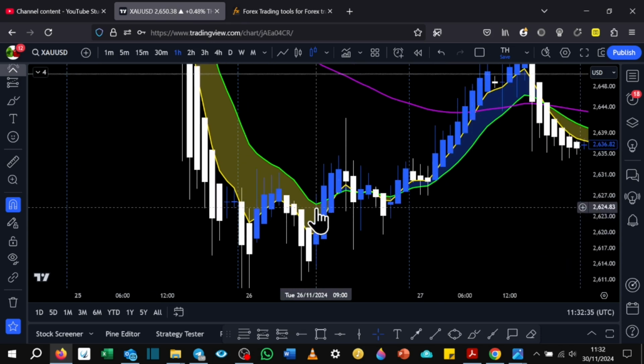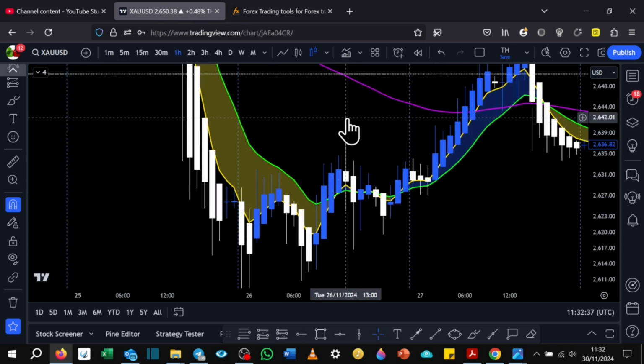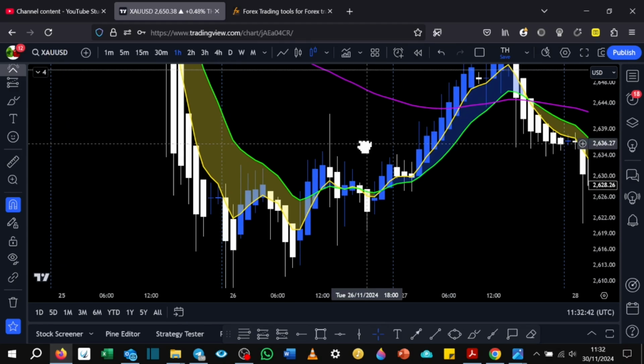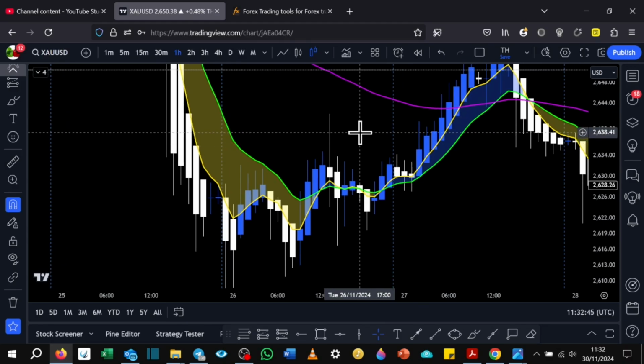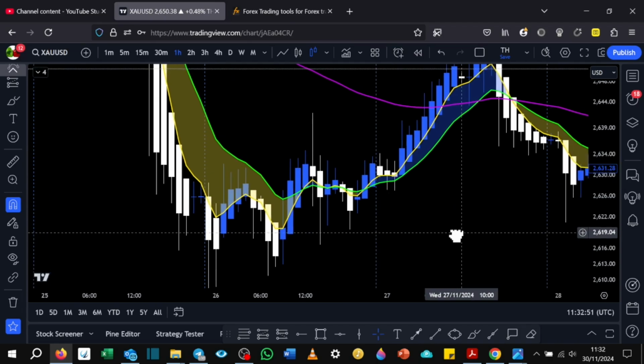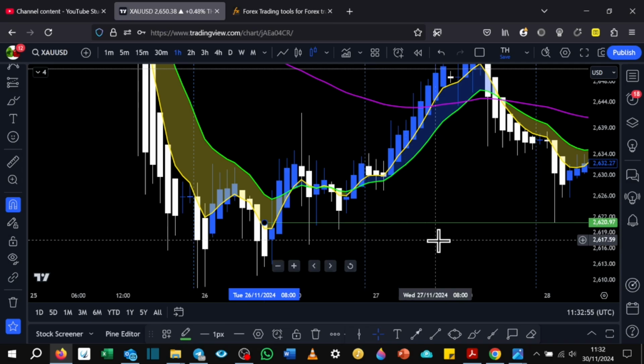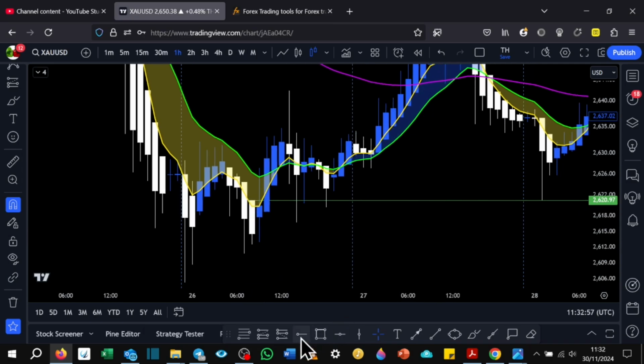Price has broken this high here, and I've gone, right, okay, I want to get in on the pullback or the 13 EMA alert that's going to go off. My entry is going to be this institutional candle here.